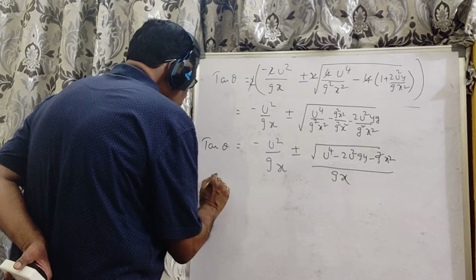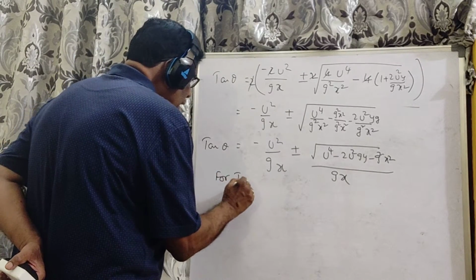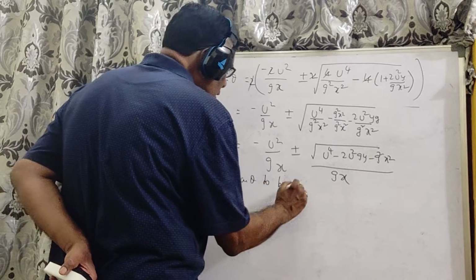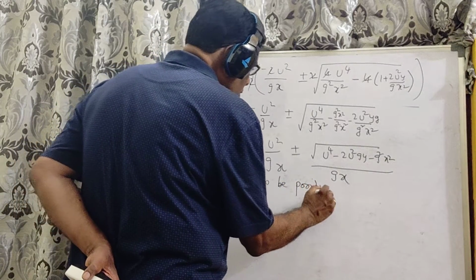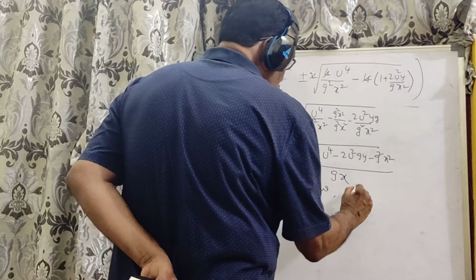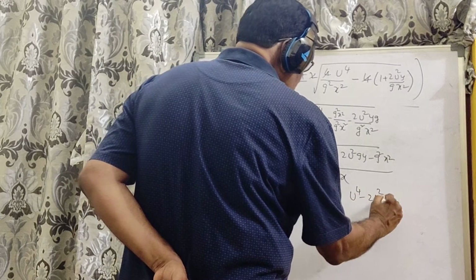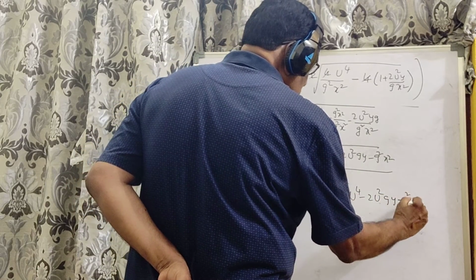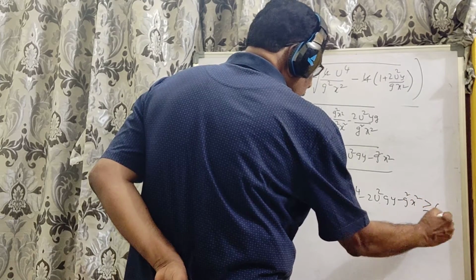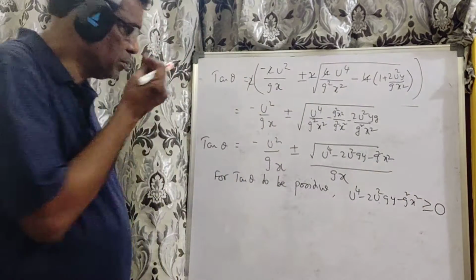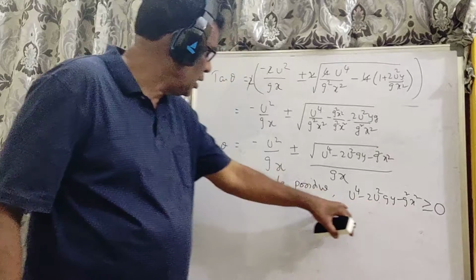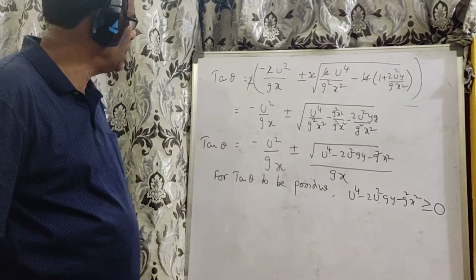So, for tan theta to be positive, u raised to 4 minus all this should be greater than or equal to 0.